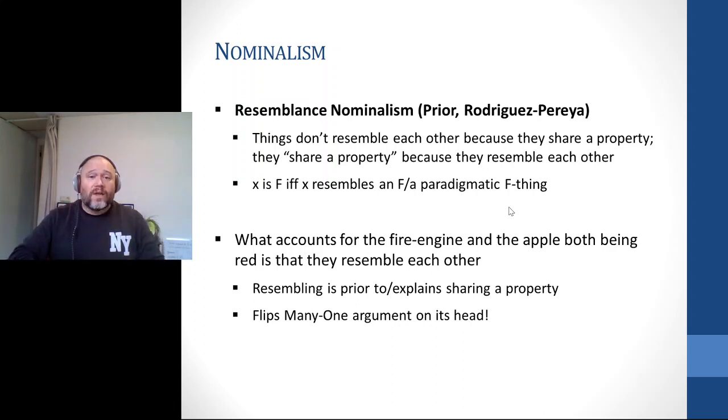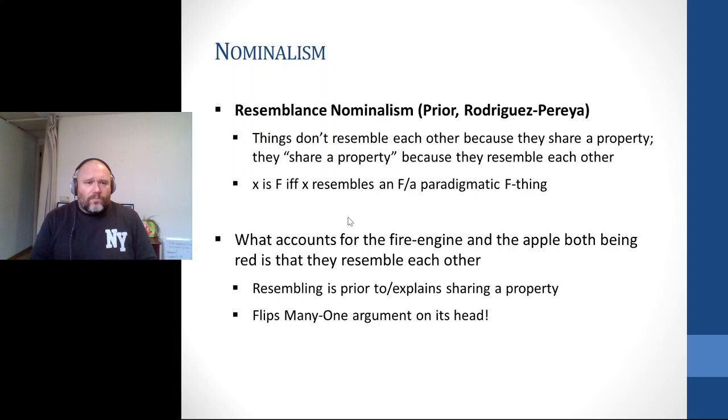My mug is red because it resembles red things, or because it resembles this paradigmatic red thing. Say, I hold up a fire engine or something like that. So it's the resemblance facts that are taken to be fundamental, and these explain why we want to talk like there are properties, or why predications are true or false.